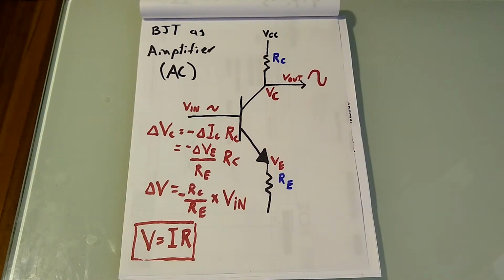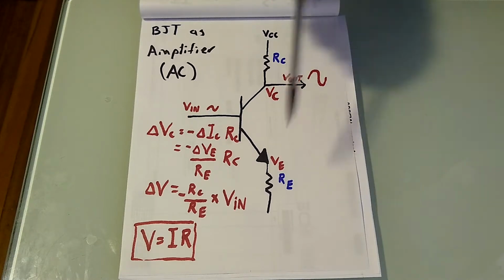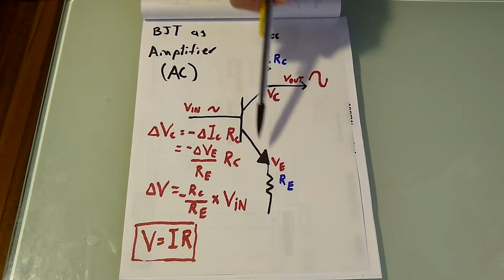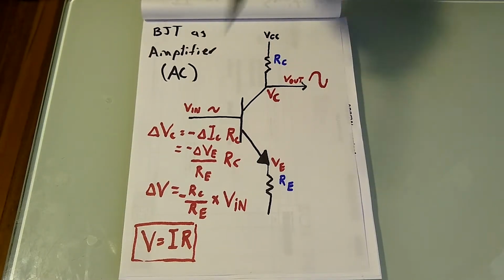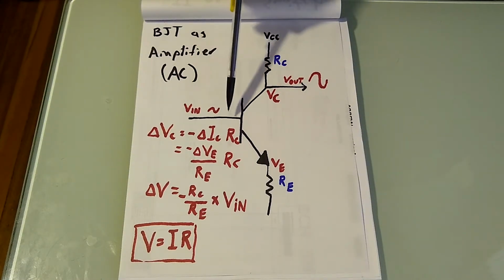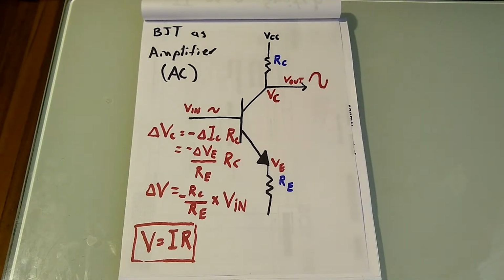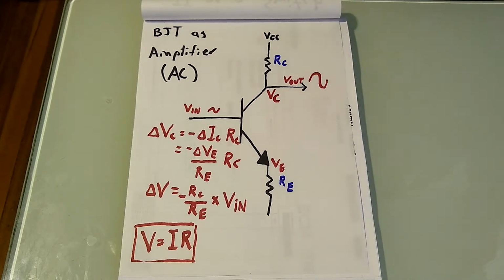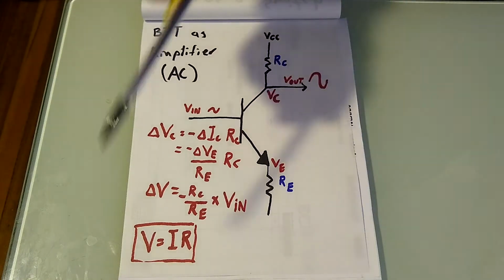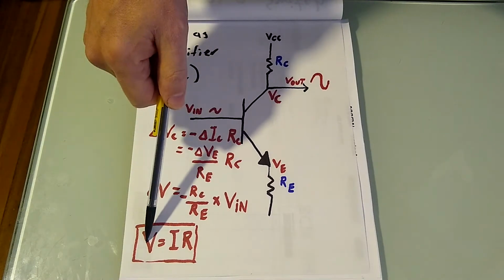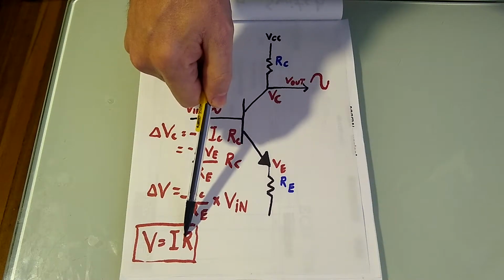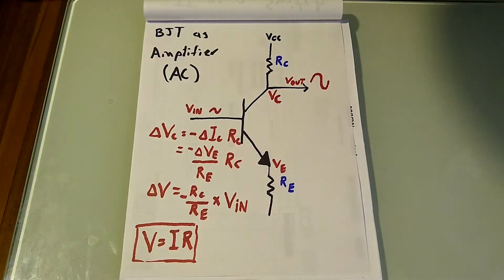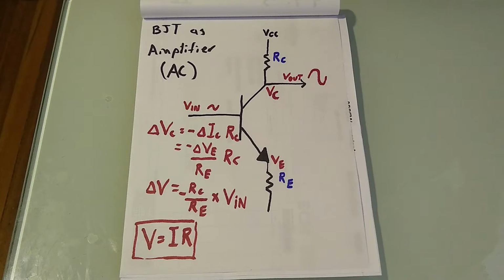Now, if the voltage at the emitter resistor increases due to the AC waveform at the base, then the emitter current also increases proportionally due to V equals IR. So V increases, R is a constant, then this emitter current will also have to increase.